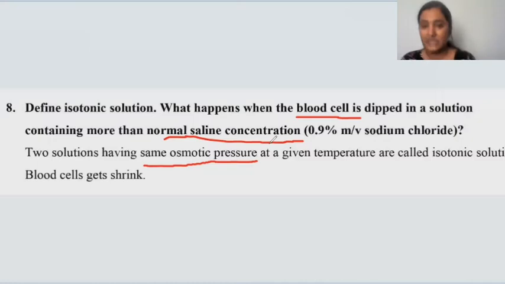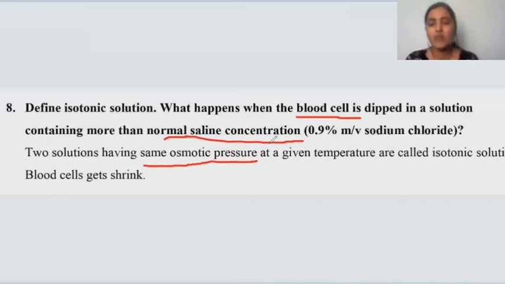Now the question is saying, what happens when a blood cell is dipped in a solution containing more than normal saline concentration? What actually happens there? As I already told you, the application of osmosis comes here. Osmosis is the process of movement of the solvent molecules from a lower concentration to the higher concentration through a semi-permeable membrane.